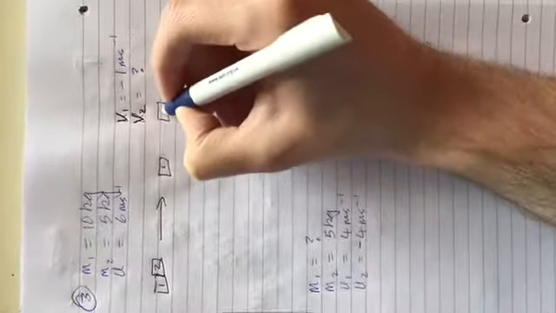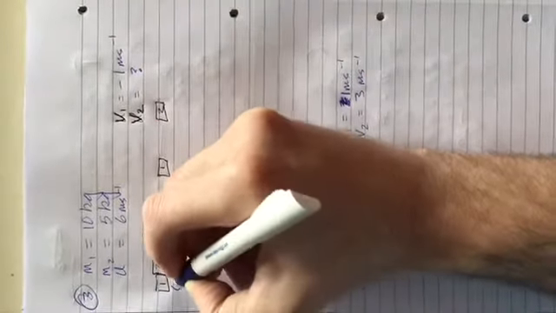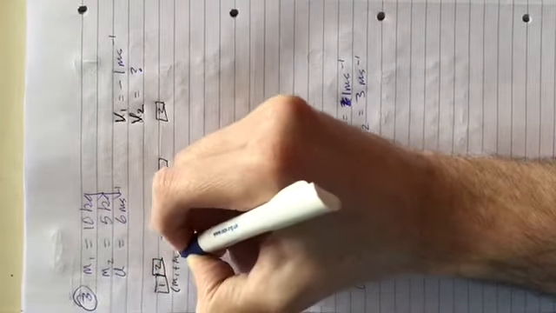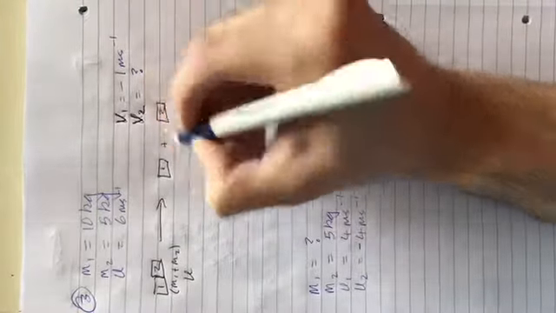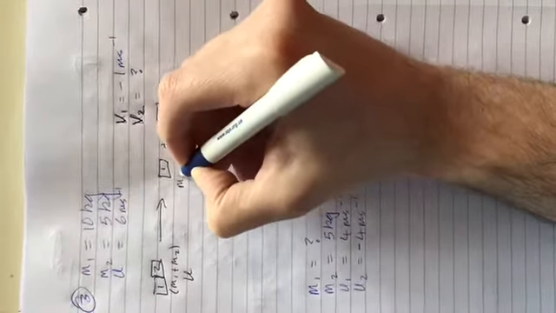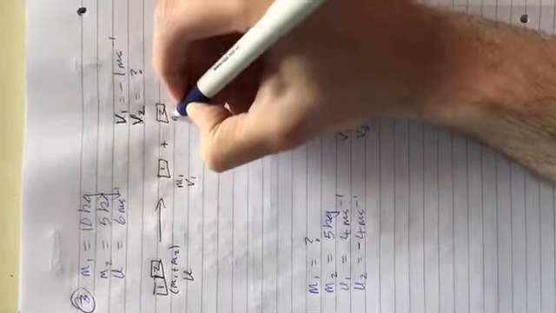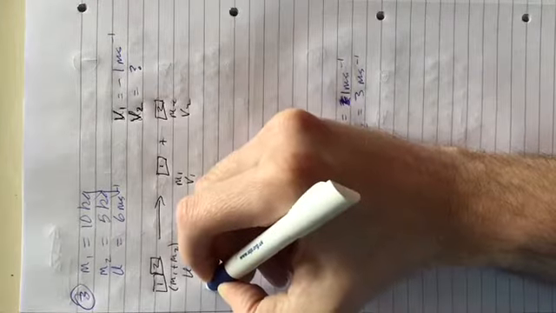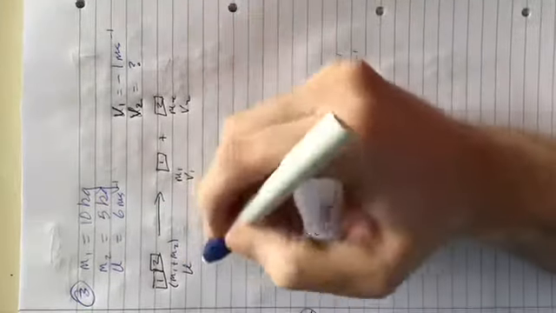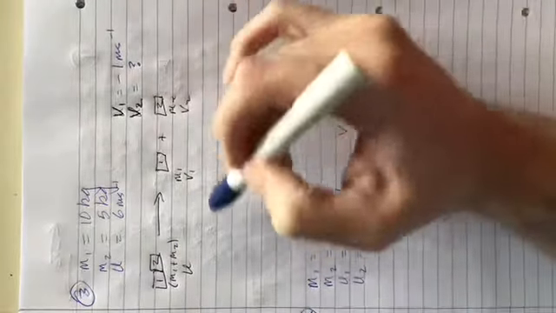So 1 and 2. So there's my m1 plus m2 with a common initial velocity of u, and m1 v1 and m2 v2. So time for the algebra. After I've done my statement, in the absence of external forces, the total momentum before the collision equals the total momentum after the collision.